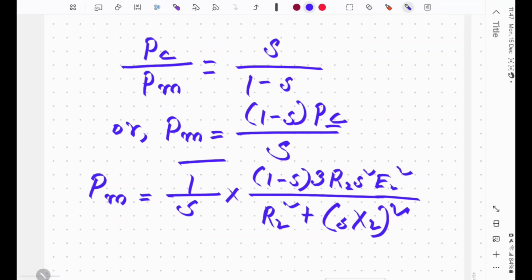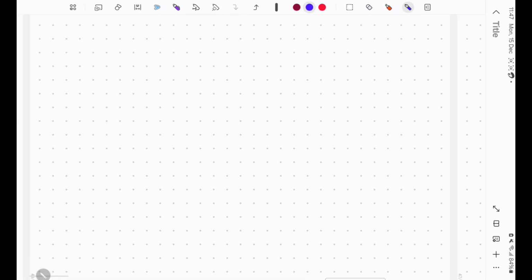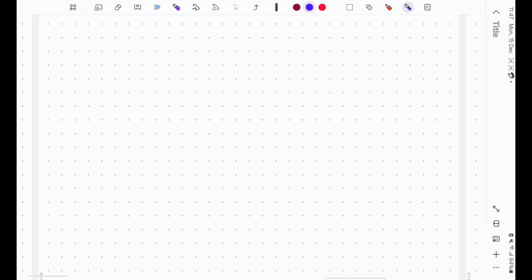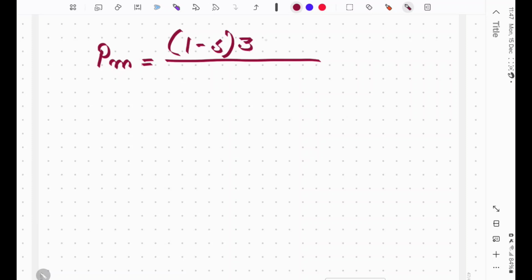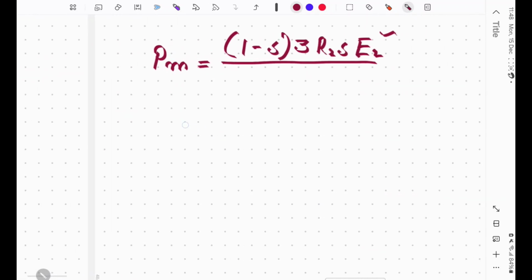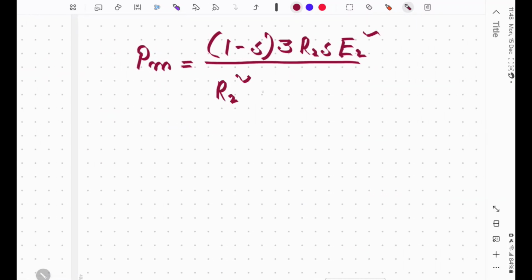After simplification, Pm is equal to 1 minus s 3 R2 s E2 square by R2 square plus sx2 whole square.